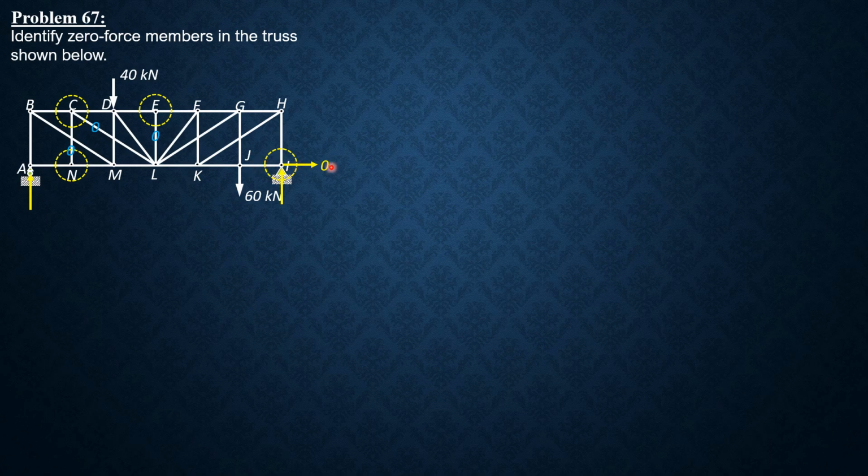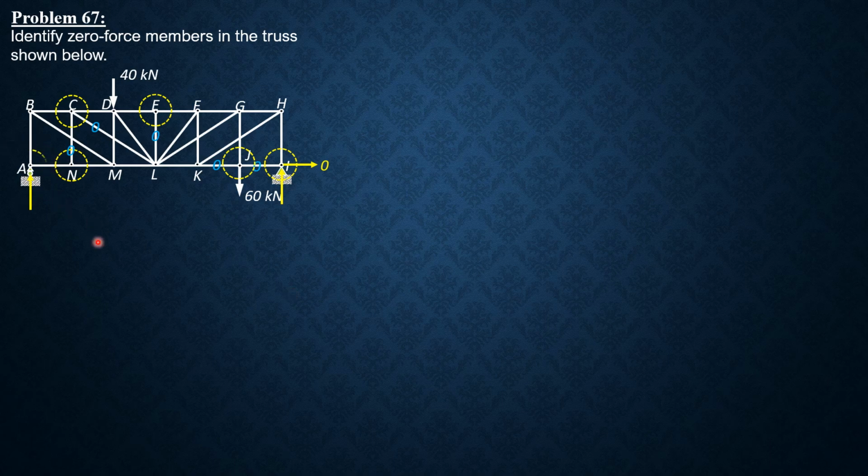But because this is 0, this is also 0 if you sum up forces along X. Therefore, IJ is 0. If IJ is 0, if we proceed to joint J, then summation of forces in X, because these two are collinear, then automatically JK is also 0.